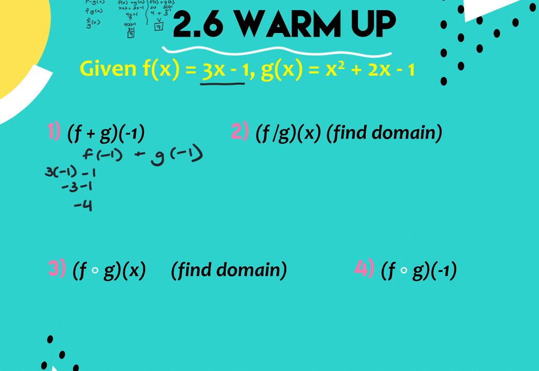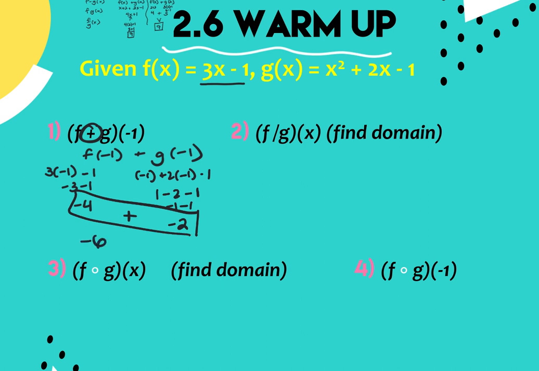And then I want to find g of negative 1. So I go back to my g of x and I plug in a negative 1. So negative 1 squared plus 2 times negative 1 minus 1, 1 minus 2 minus 1, or negative 1 minus 1, which is negative 2. And then because it was addition, I add these two together and I get negative 6. And that's the solution I'm looking for.